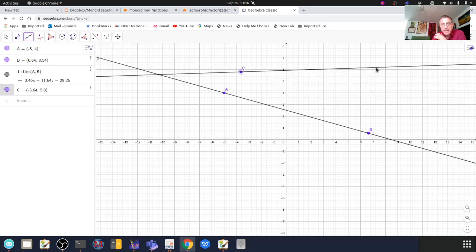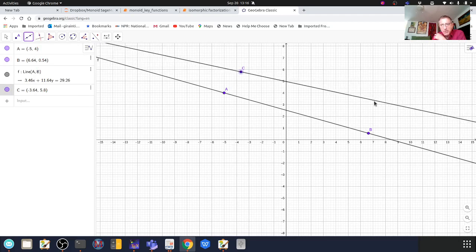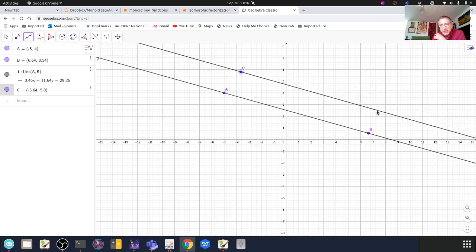And in my classroom, I would ask people, tell me when to stop when the line that I'm moving right now is parallel to the existing line. And most of you are going to say about right there. But you're using the organ of your eyes. You're using your eyes and eyeballing it.